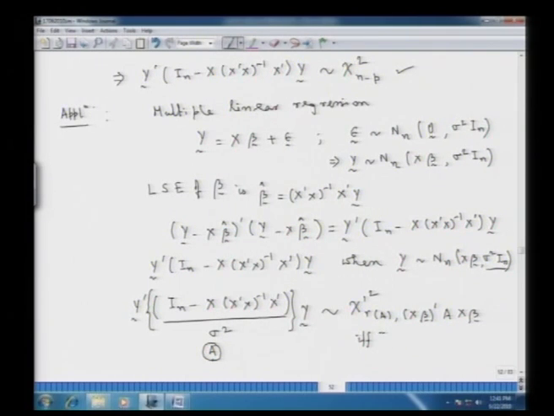So, if and only if In minus X transpose X inverse X transpose divided by sigma square, this being our A, times sigma square In, is idempotent.